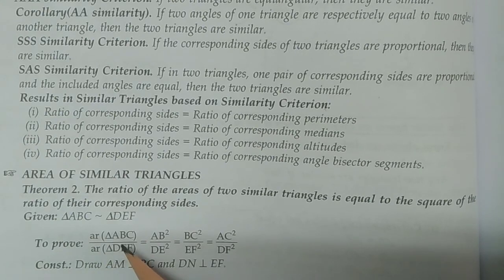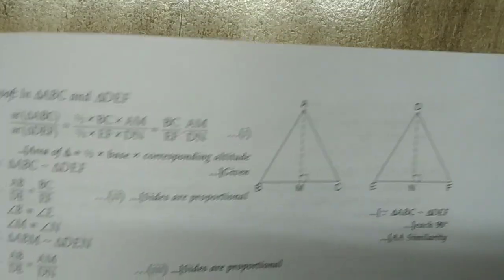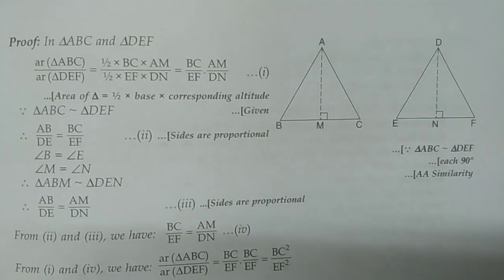To prove: ar triangle ABC by ar triangle DEF equals AB square by DE square equals BC square by EF square equals AC square by DF square. Construction: draw AM perpendicular to BC and DN perpendicular to EF. We can complete from here, and you have to prove this.